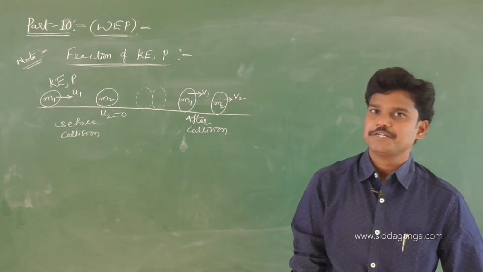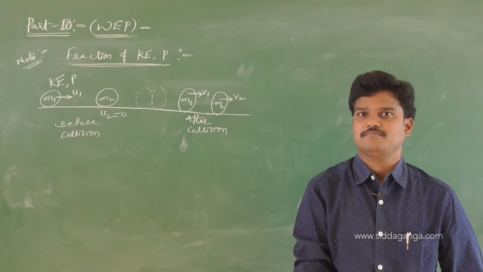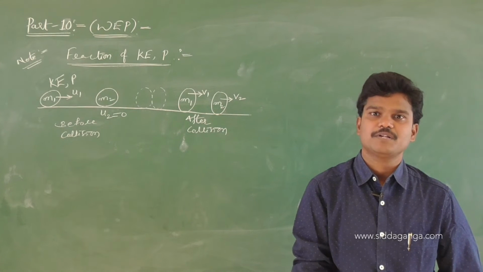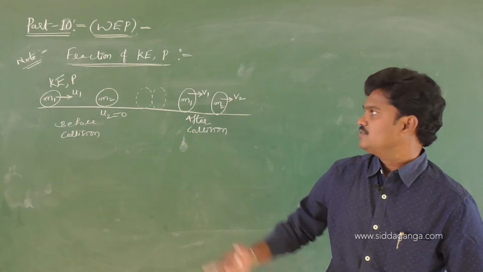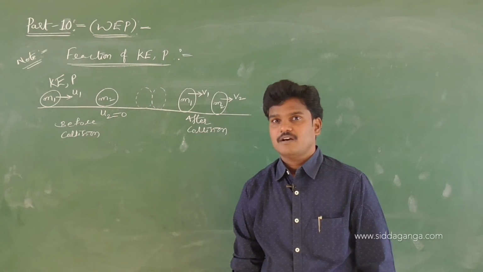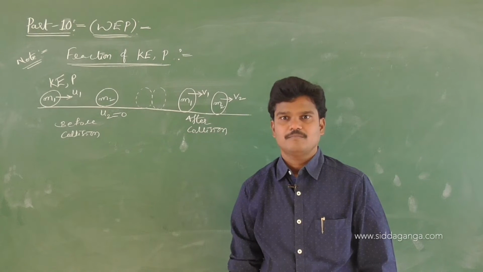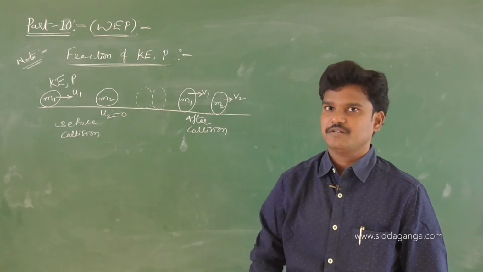KE is the kinetic energy of the particle of mass m1 before collision. P is the momentum of mass m1 before collision. So KE and P are the kinetic energy and momentum of the particle of mass m1 before collision.